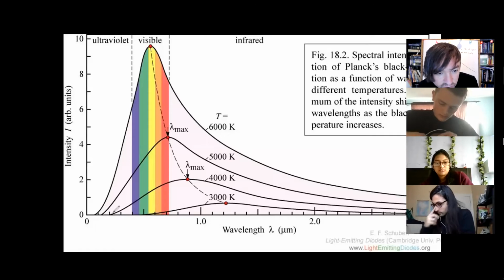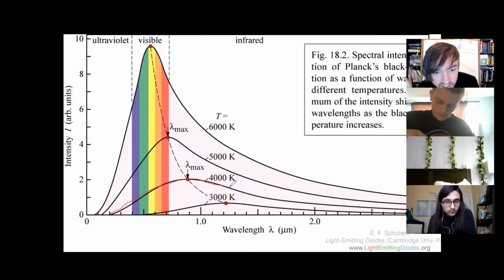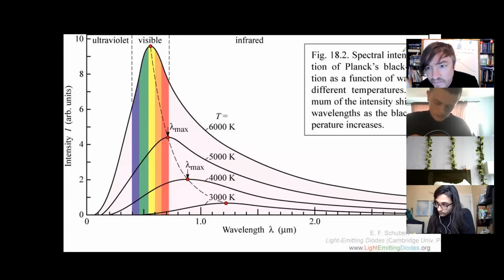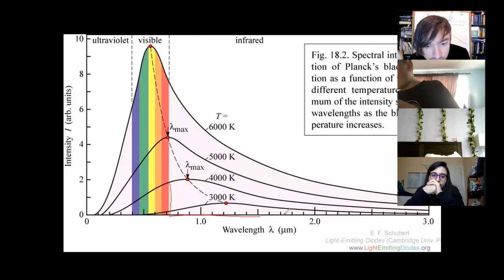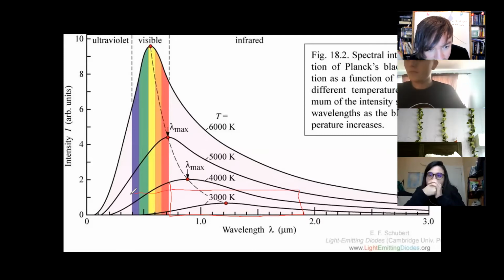The one that we just drew is this one here, which is appropriate for about a 4000 Kelvin blackbody. If you think about the total 100 watts of a typical tungsten bulb, most of those 100 watts are pumped out here in the infrared, and only a small fraction of them are pumped into the visible.